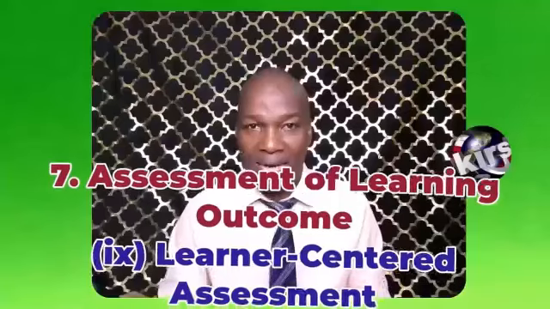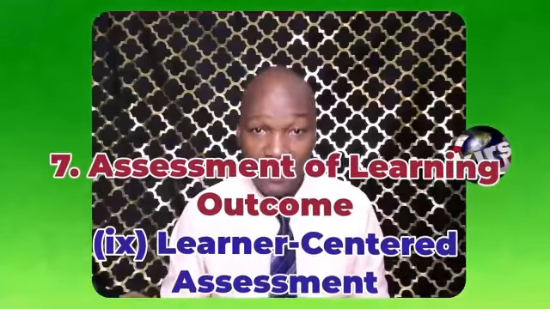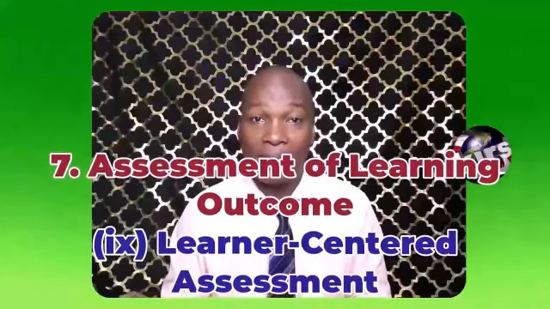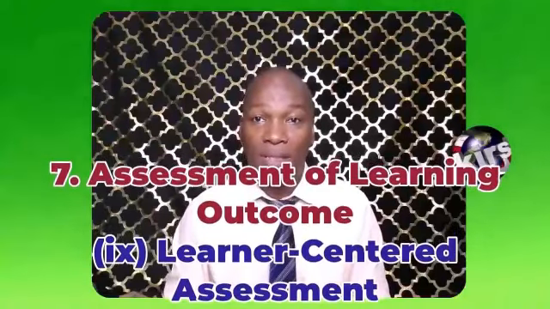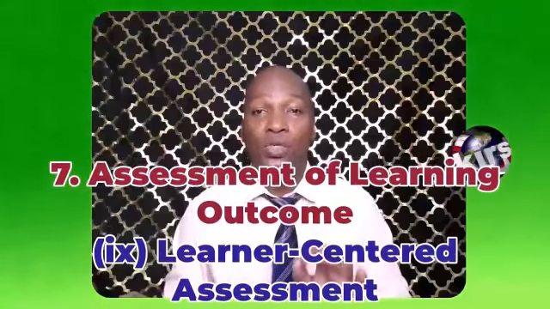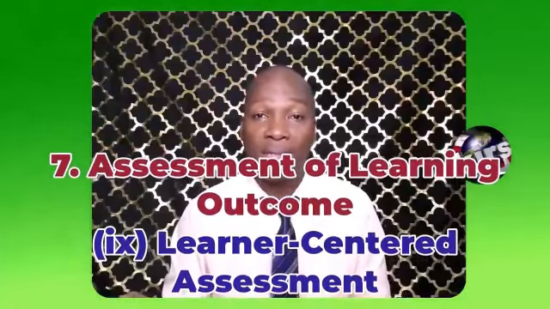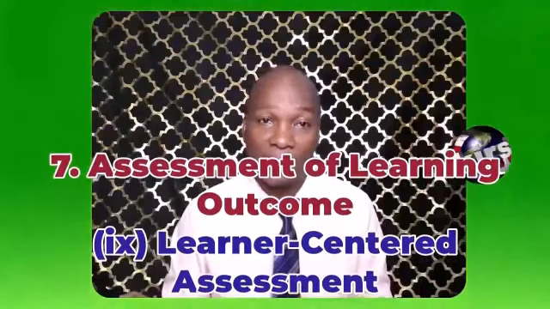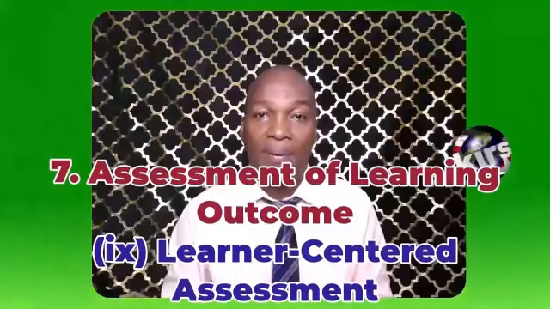Aspect number 9 is learner-centered assessment. Assessment in CBET is learner-centered, meaning it focuses on learners' ability to demonstrate their competencies in a variety of contexts. Assessment should allow learners to showcase their skills in ways that match their individual learning styles, learning strengths, and prior knowledge.